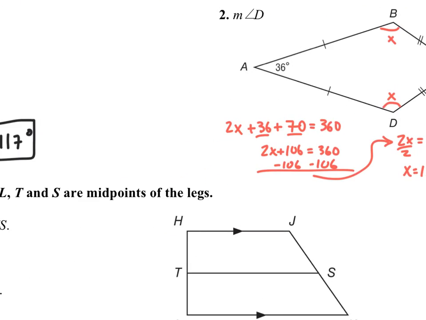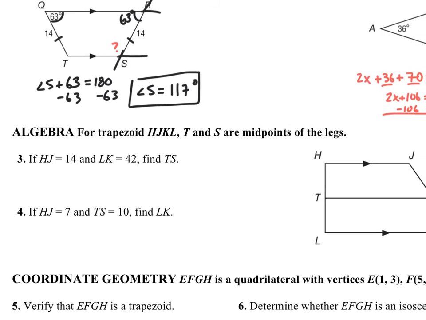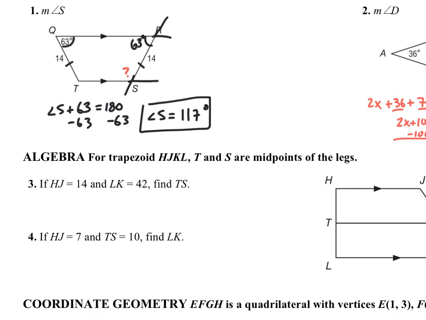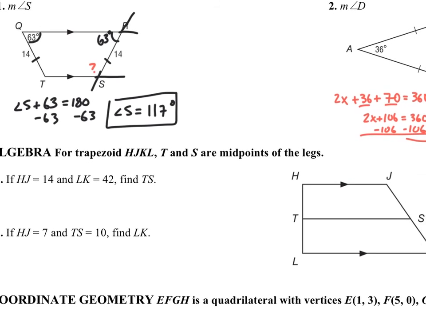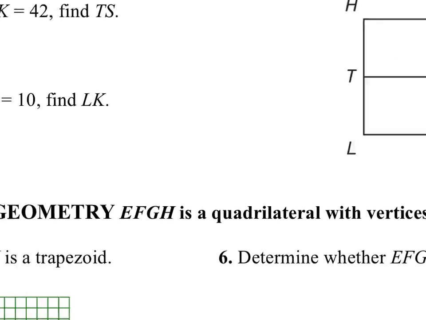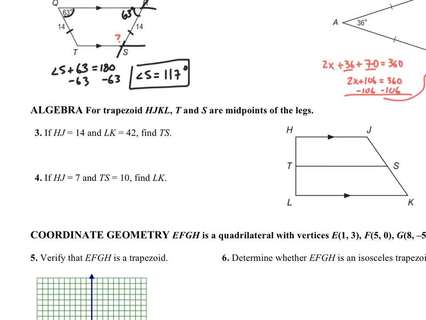All right, so now let's go ahead over here, and it wants us to figure out some of the side lengths on a trapezoid, given that T and S here are midpoints. Okay, given that T and S are midpoints.